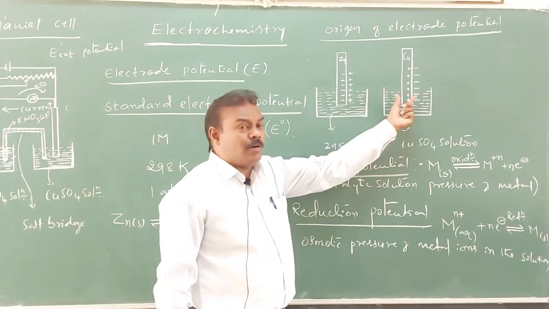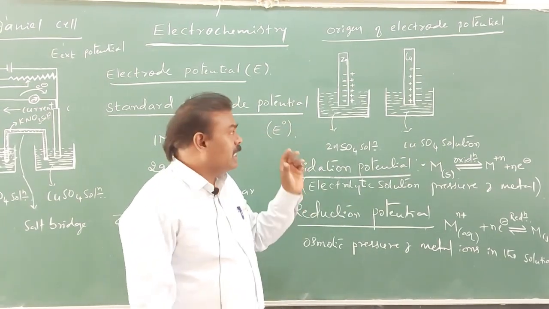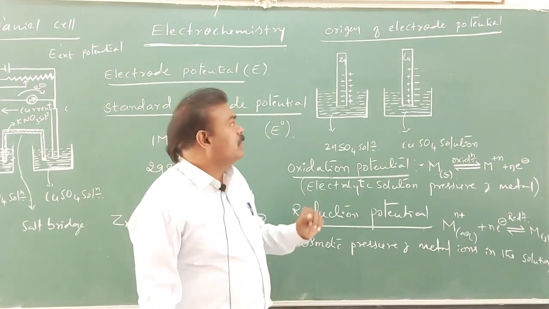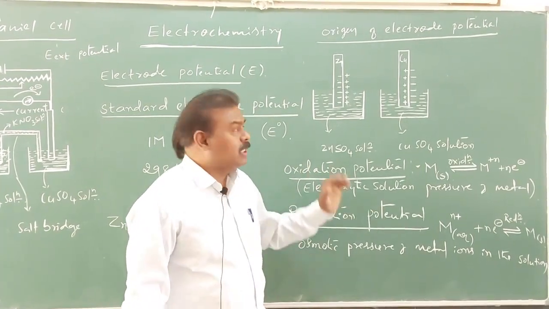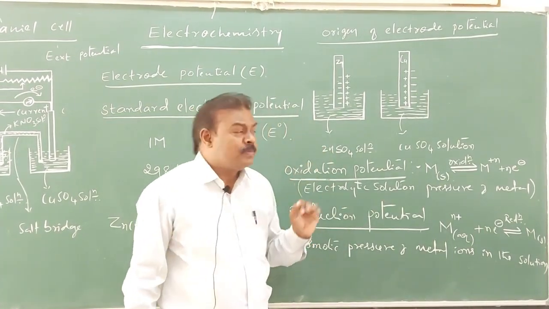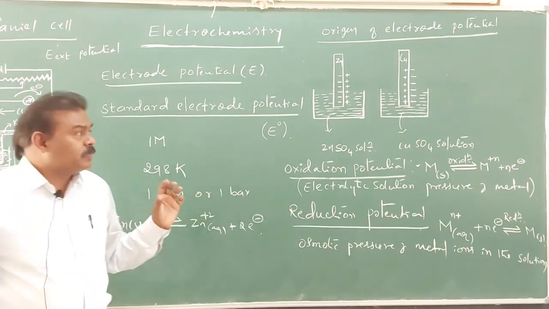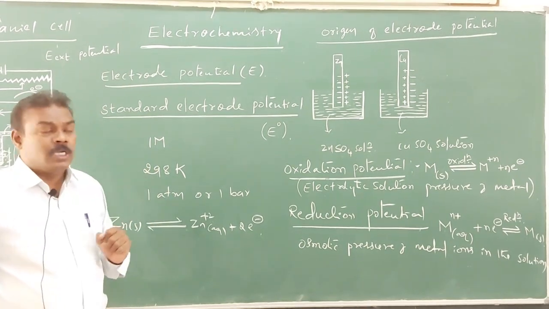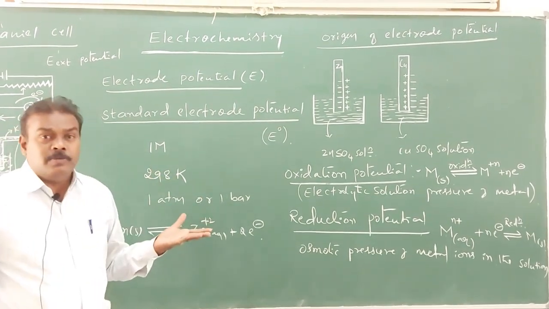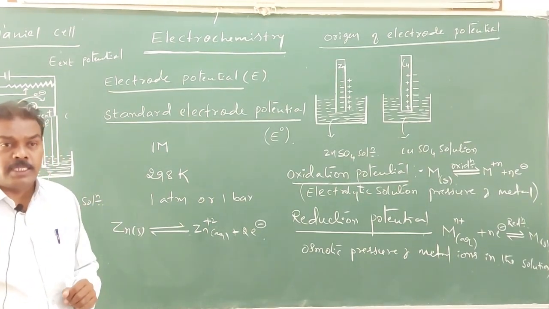So, formation of an electrical double layer on the surface of the electrode is responsible for the development of electrode potential. In this way, we can understand the concept of electrode potential and how it is developed whenever the metal is in contact with the solution of its own ions.